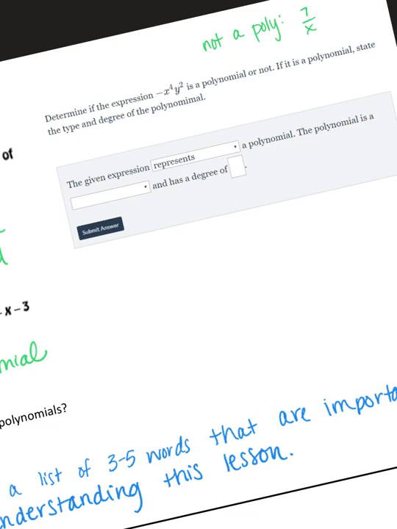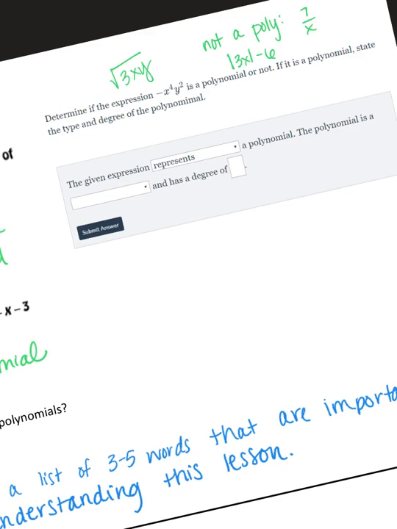Absolute value bars, so if you have something like the absolute value of 3x minus 6, that is not a polynomial. If you have square roots in your expression, these are not polynomials either. Okay, so those are things that make something not a polynomial.